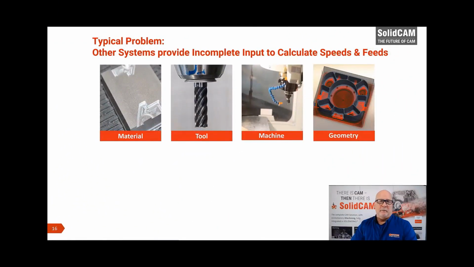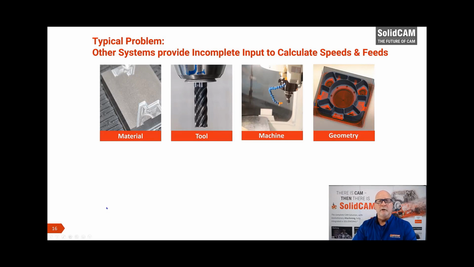iMachining is really above all other systems in that it takes information from four very important categories to calculate the proper parameters throughout every move of the tool through the entire operation. This ensures that the tool is always machining under the best conditions, really running in the sweet spot.